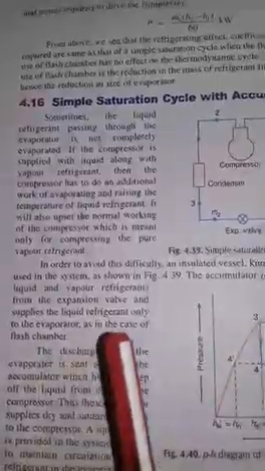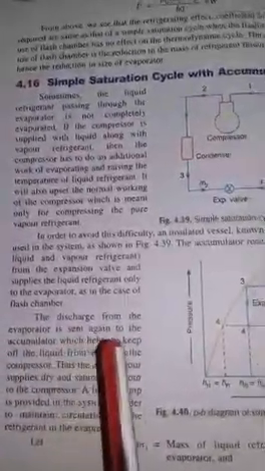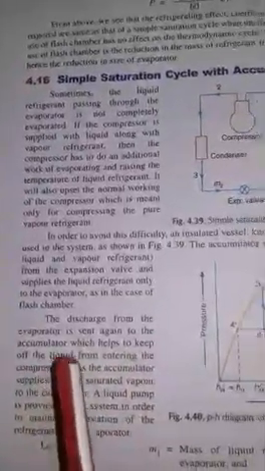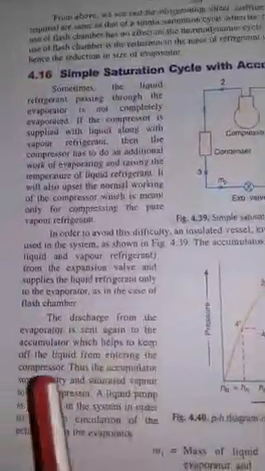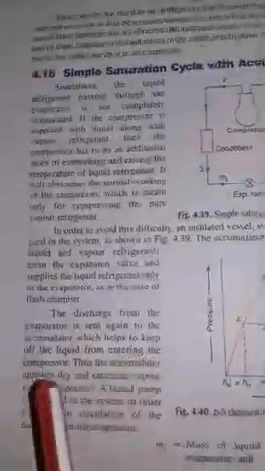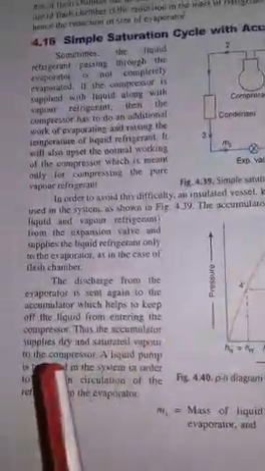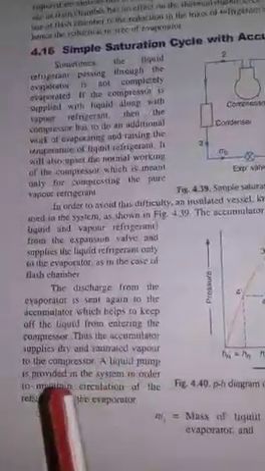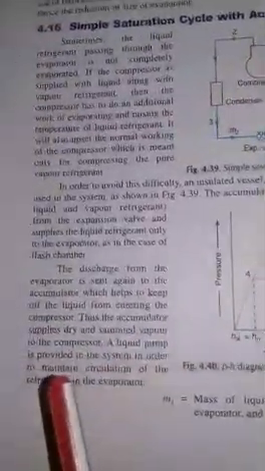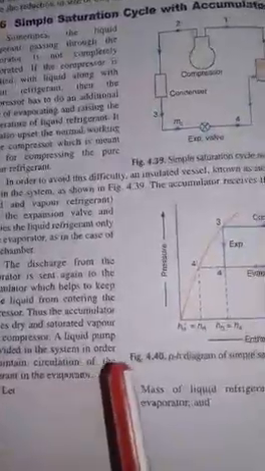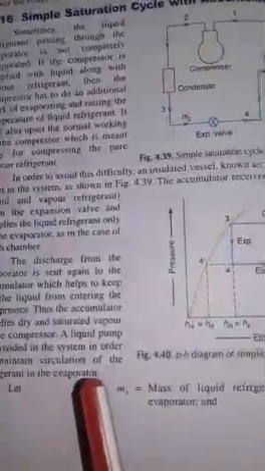The discharge from the evaporator is sent again to the accumulator, which helps to keep the liquid from entering the compressor. Thus, the accumulator supplies dry and saturated vapor to the compressor. A liquid pump is provided in the system in order to maintain circulation of the refrigerant in the evaporator.